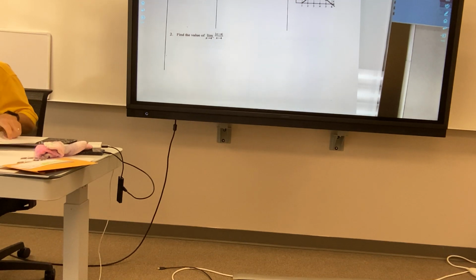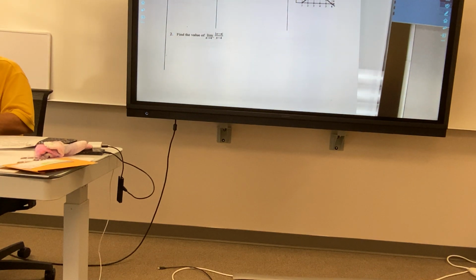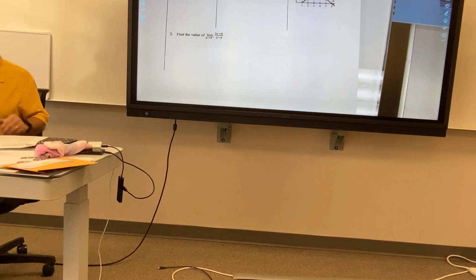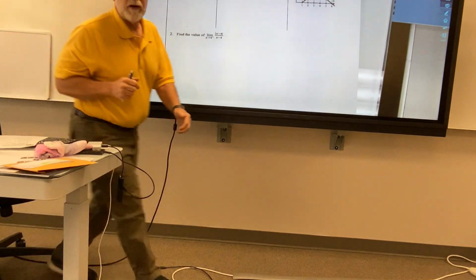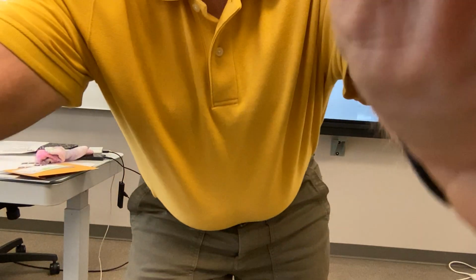So the first one says, if f is a piecewise, and I always underline some things because I remember a number of students said yesterday, trying to figure out what's being asked of me, I struggle with that. I gotta turn this up a little bit because it's not seeing what I need to see.